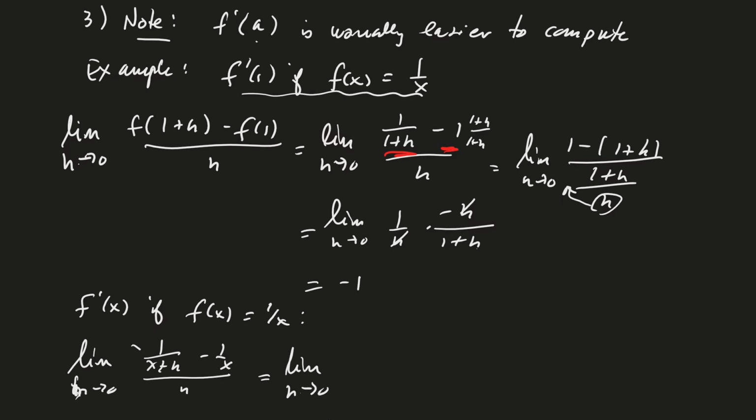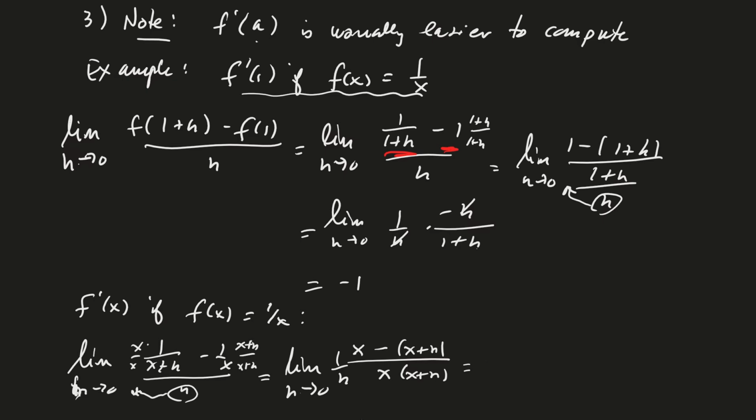Now we need to multiply this one by x over x, this one by x plus h over x plus h to get a common denominator. So we would have x minus x plus h divided by x times x plus h. And then I'm going to take this and bring it up as a 1 over h in the front, just to make it a little bit easier to deal with.